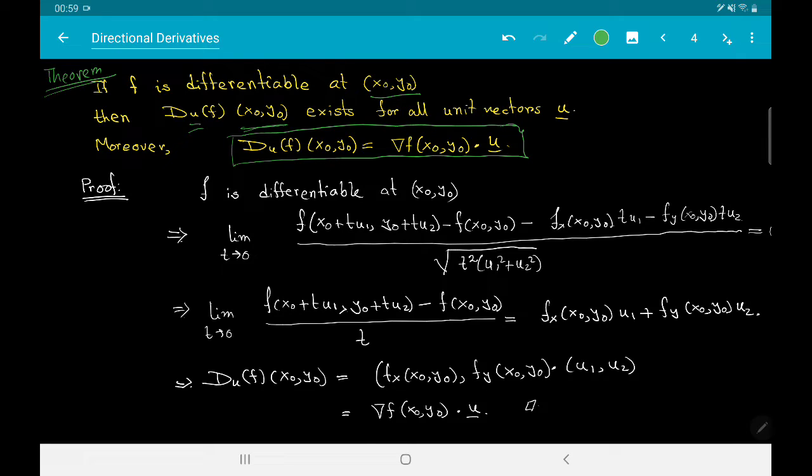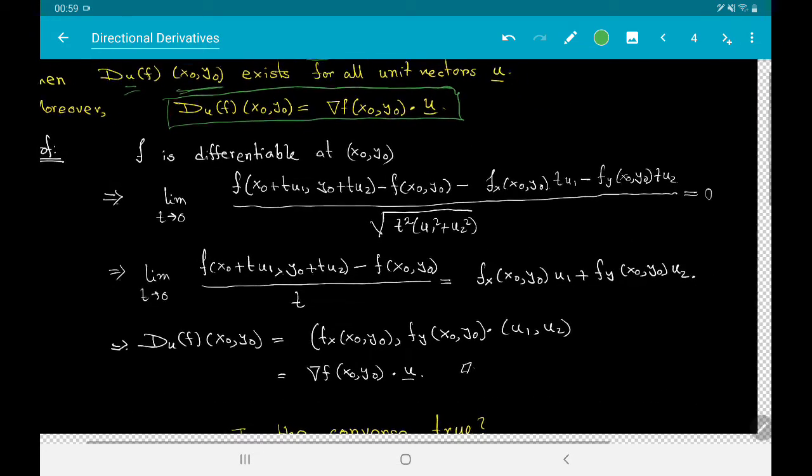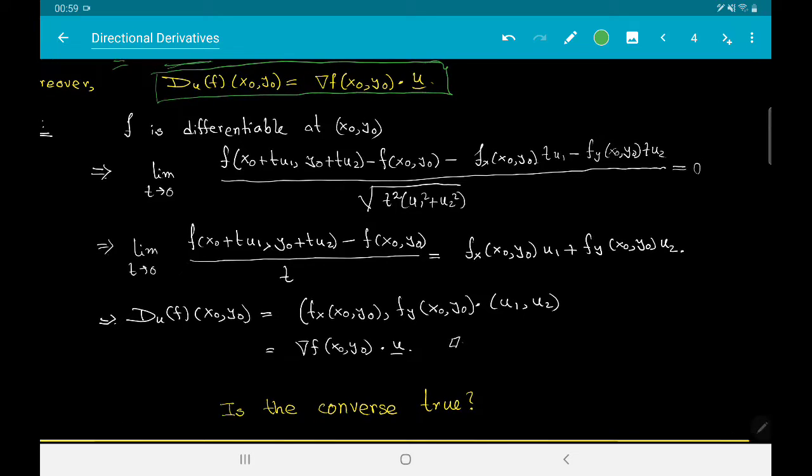And this is very easy to prove, and you will be able to do it simply from the expression of differentiation.